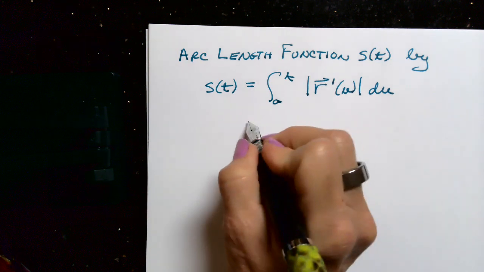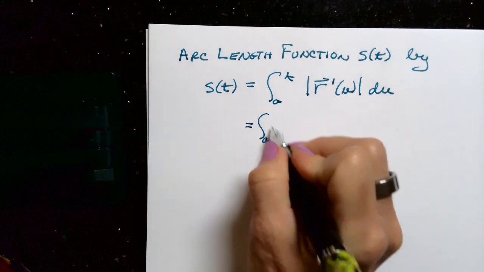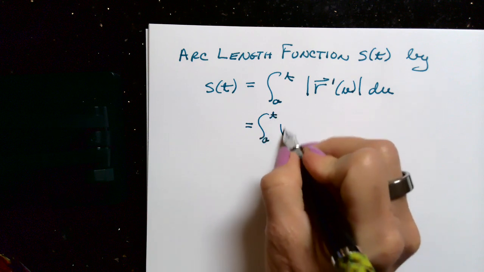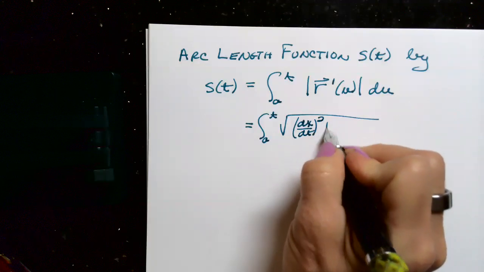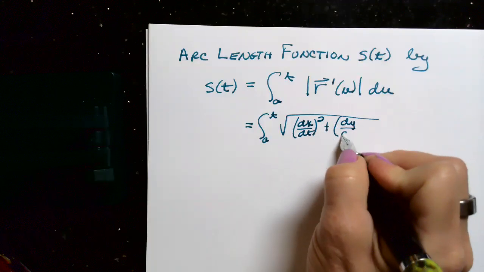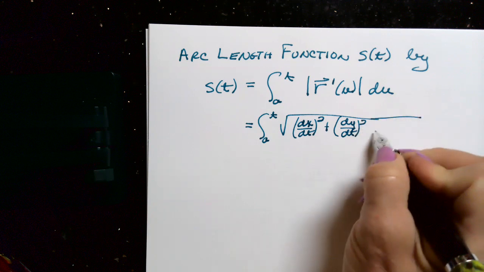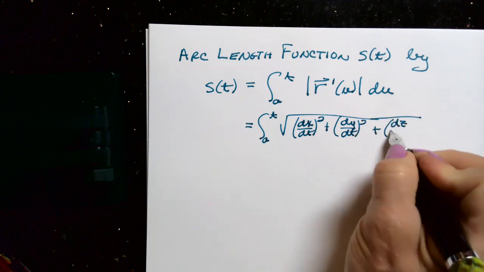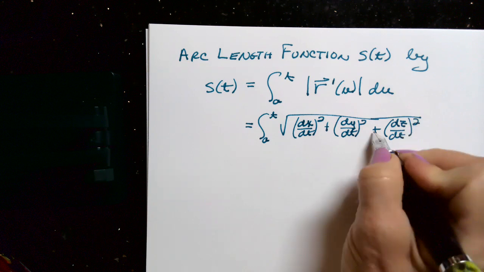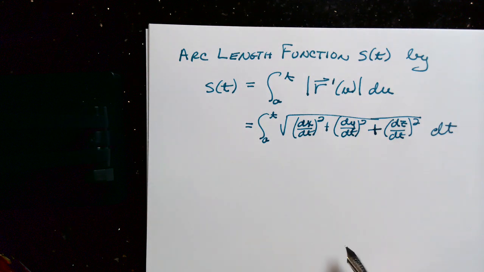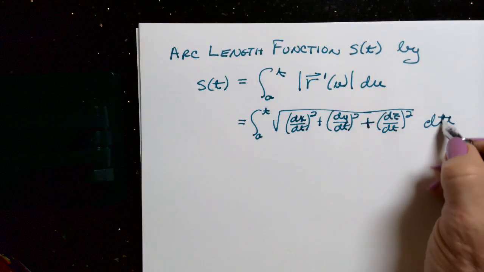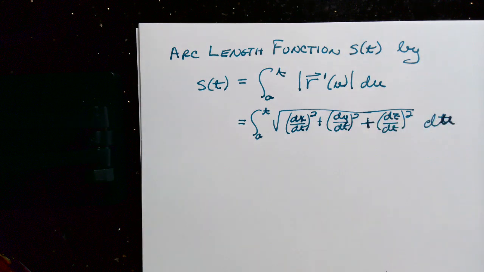Equivalently, we could write that as the integral from a to t of the square root of (dx dt) squared plus (dy dt) squared plus (dz dt) squared, square rooted, du, because we're thinking of these as functions of u. And what does s of t represent?